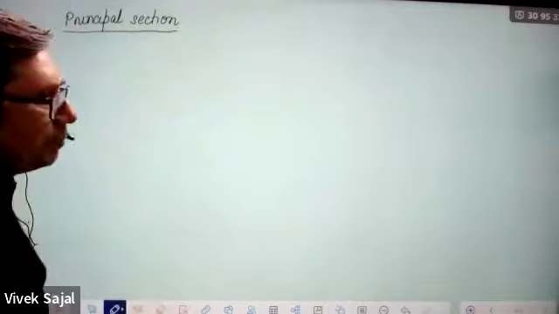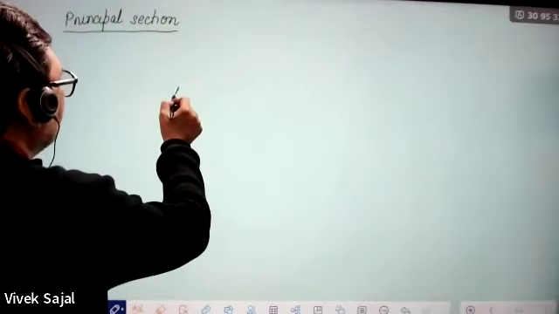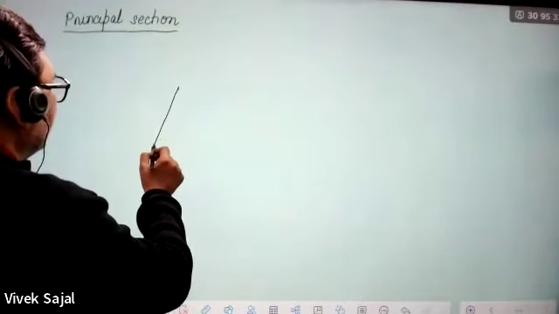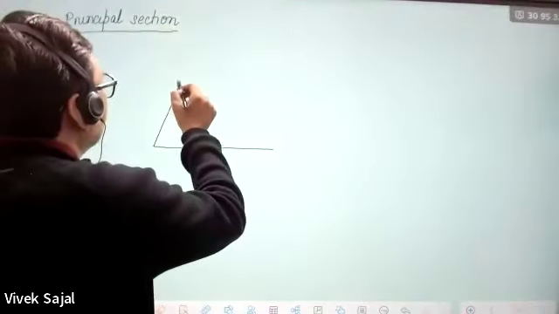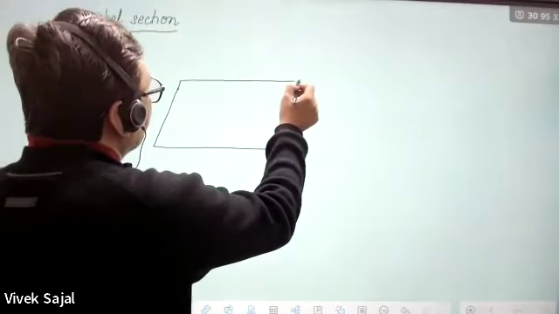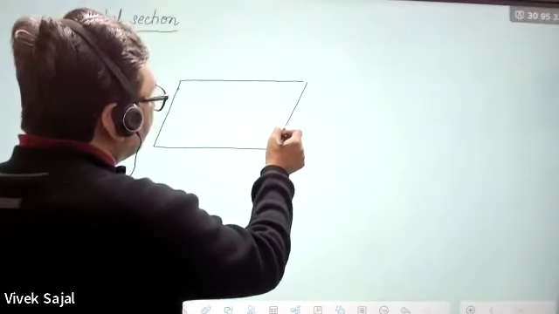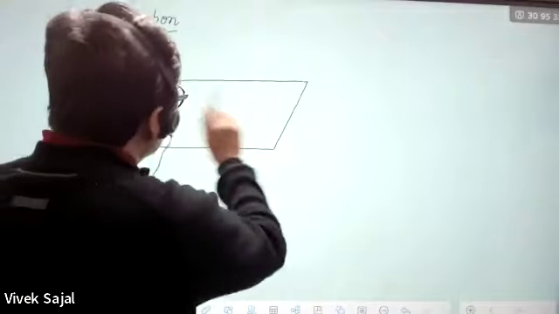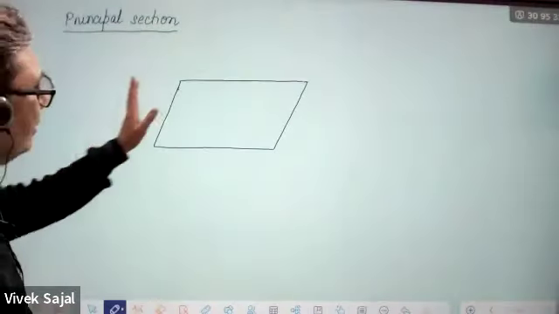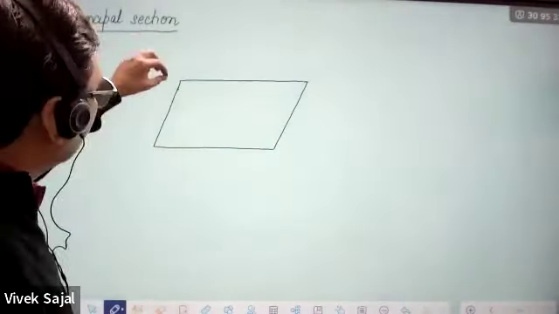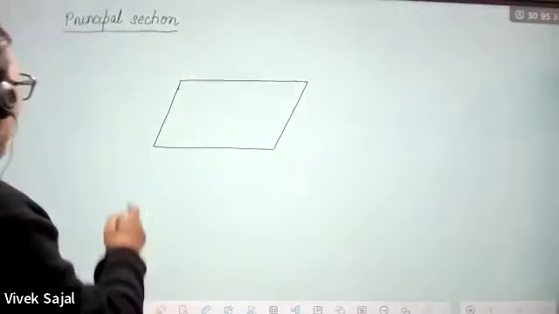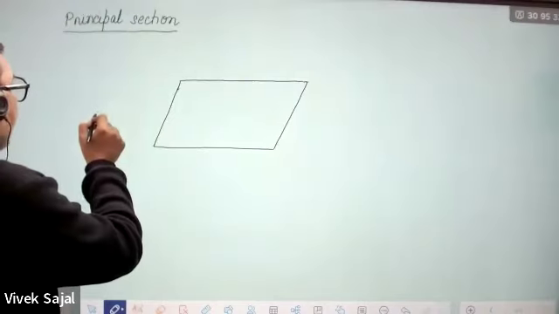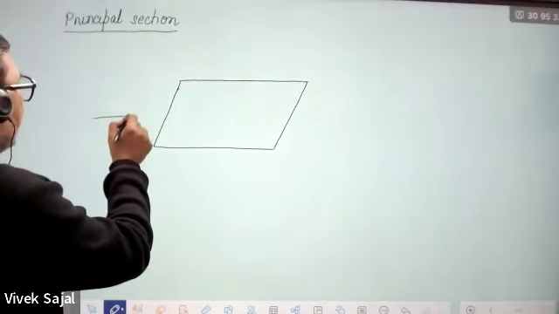So what is the meaning of principal section? Try to understand. Suppose this is my calcite crystal. I'm just using a generic crystal here; don't consider where the blunt corner is. You have an incident ray.